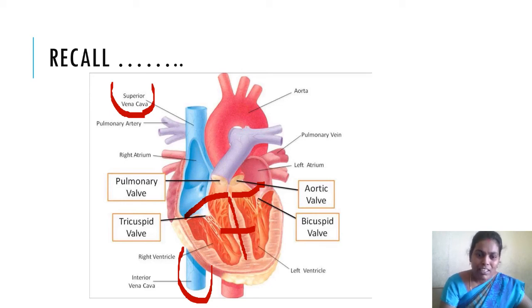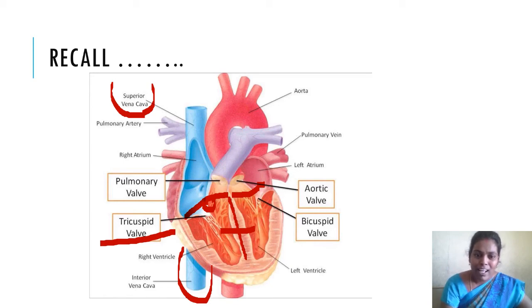Again, if you see these apertures present here, they are protected or guarded by special valves. The right side auriculoventricular aperture is guarded by the tricuspid valve, which acts as a door-like structure which prevents the backward flow of the blood.